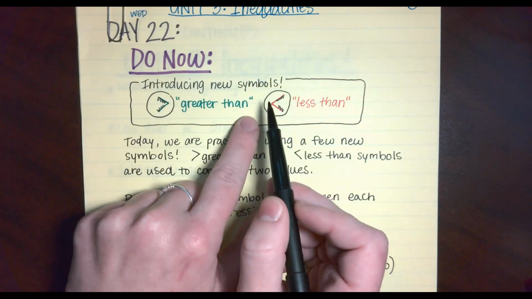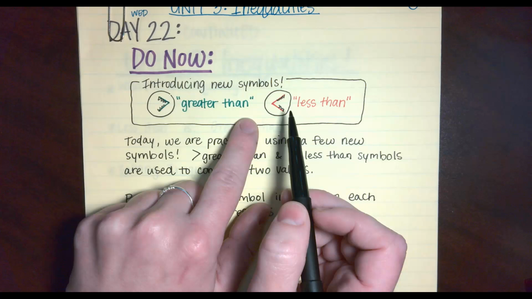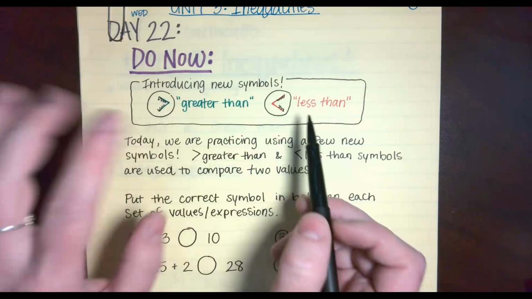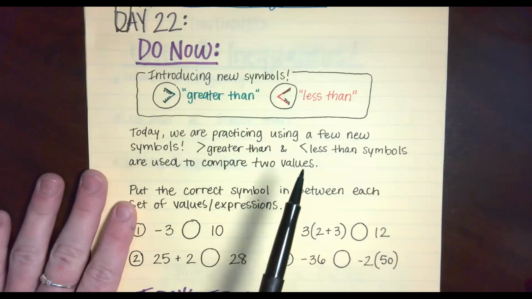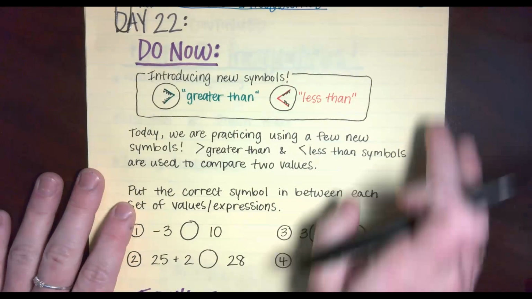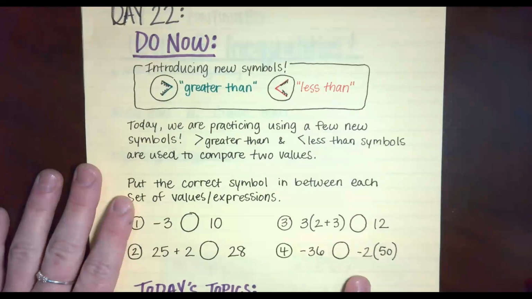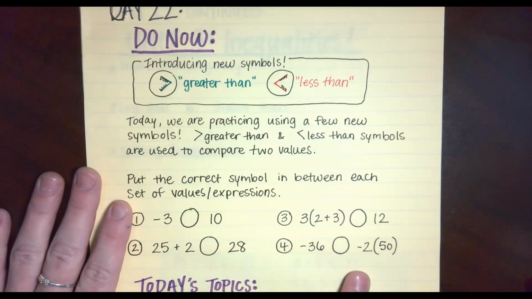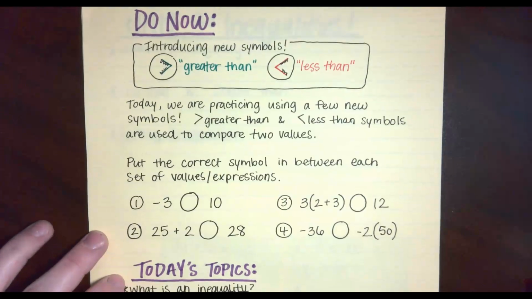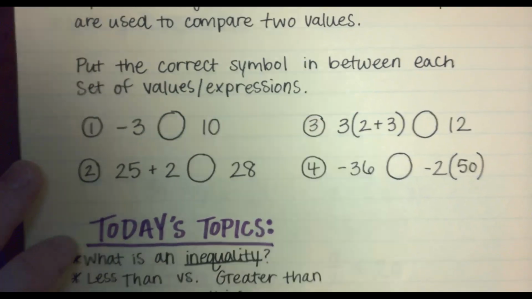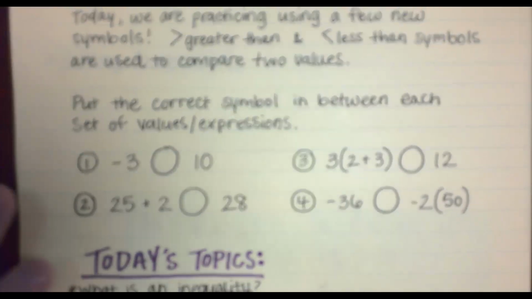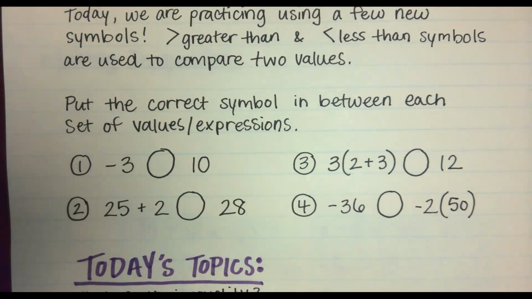This is going to make a little more sense in context when we put it in between some numbers. These symbols, the greater than and less than, are used in math to compare two different values. In these examples, I had you put the correct symbol in between the set of values or expressions.